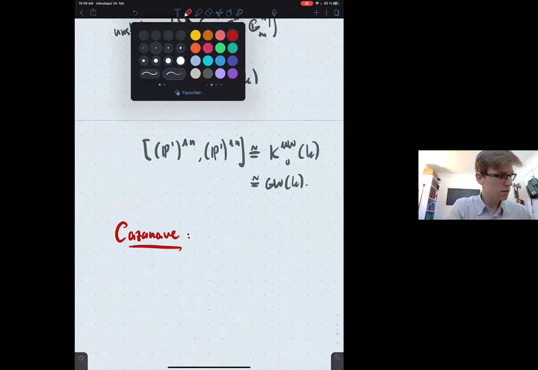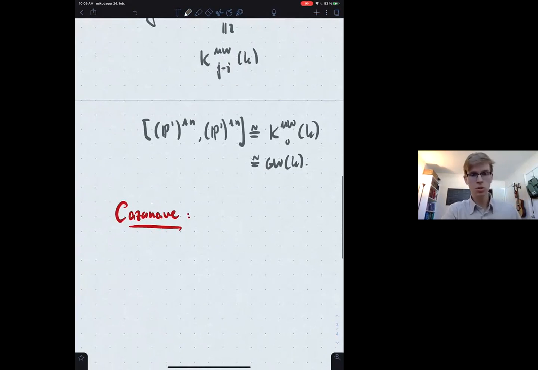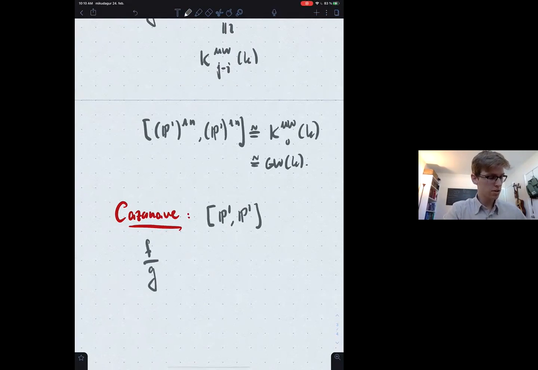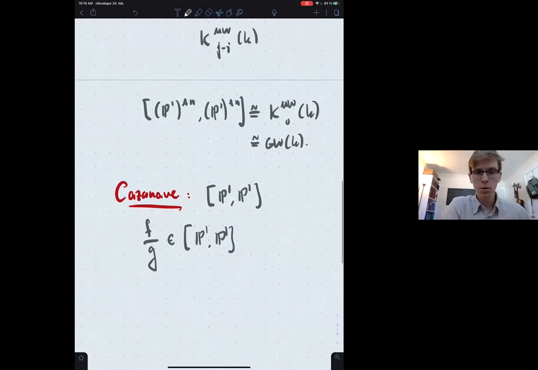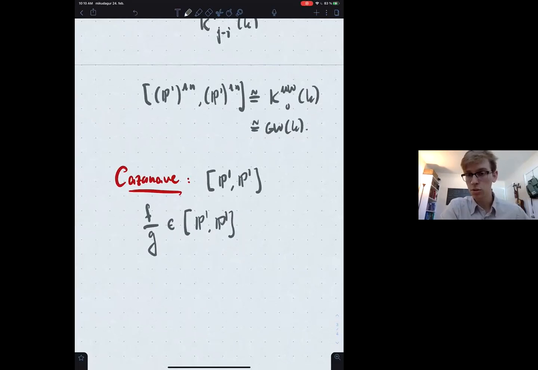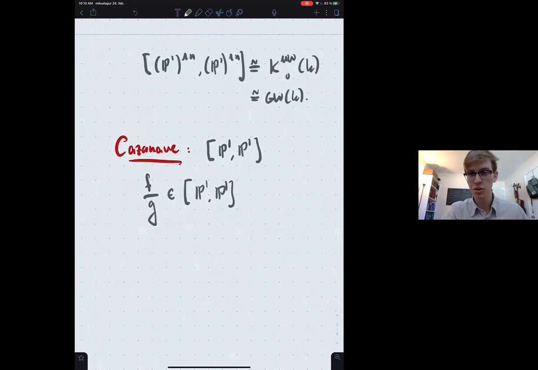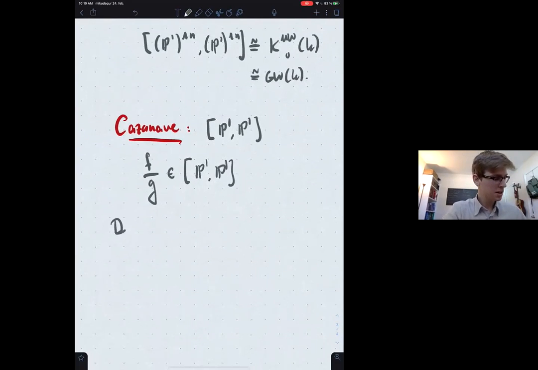Okay, so Cazanave says, let's just look at degrees of endomorphisms of P1. I'm going to take a rational function in here, and I'm going to compute its degree using the Bézoutian. This is the first time we'll talk about Bézoutians, and this is the univariate case of a Bézoutian.